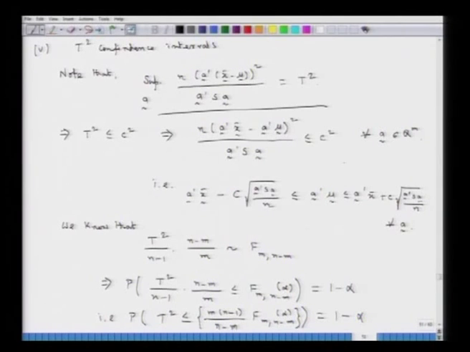That would ensure that the joint coverage of such events for every value of a is equal to 1 minus alpha, because T squared less than or equal to c squared implies the intervals for a prime mu for every mu belonging to R to the power m, and this actually has a coverage equal to the coverage of this particular event, which is 1 minus alpha.